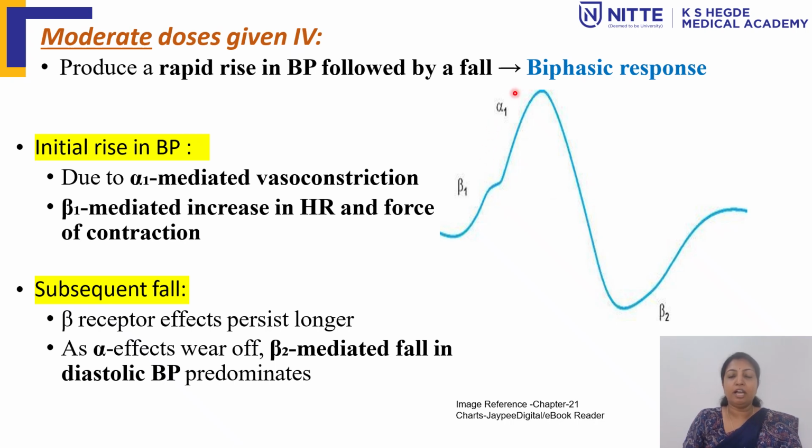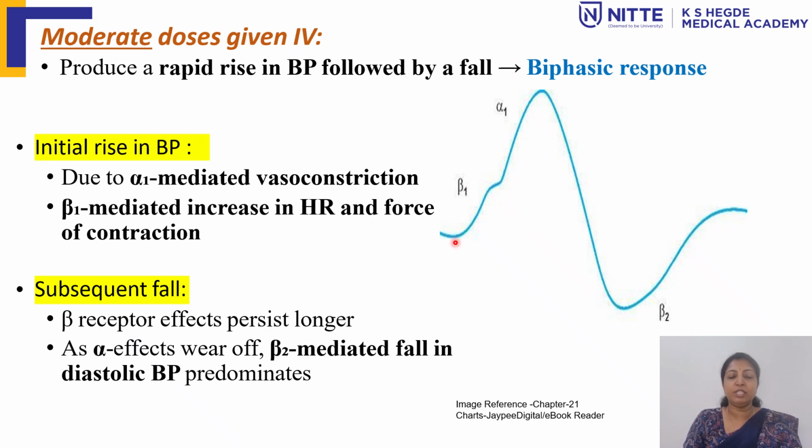But here, because the alpha action is masking the beta 2 receptors, only the vasoconstriction can be seen. But when the dose decreases, it cannot act on the alpha receptors, but it can continue acting on the beta 2 receptors, because beta 2 receptors are very sensitive to even small dose. So this beta 2 effect, that is fall in BP, persists longer. As the alpha effect wears off, beta 2 mediated fall in BP predominates, and later it comes to the normal level.